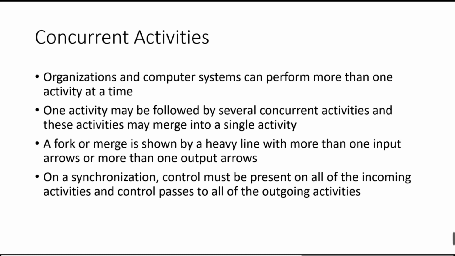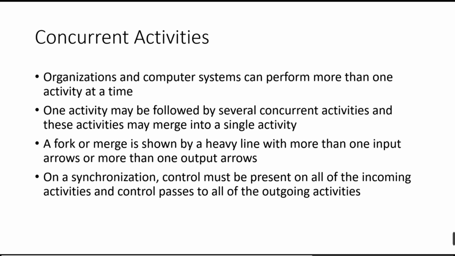It means that when there are concurrent activities, after the control flow passes the heavy line of the fork, the control is passed to all concurrent activities, and all of them are executed simultaneously.